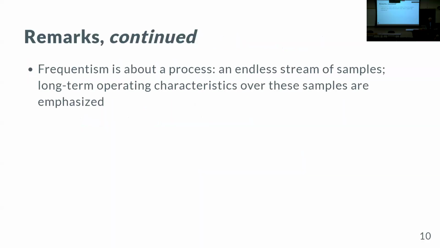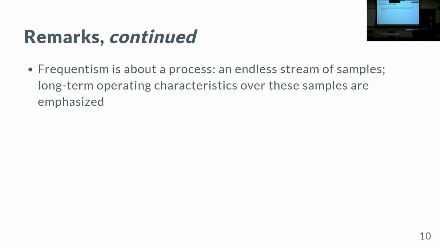So frequentism is about a process, an endless stream of samples. Long-term operating characteristics are emphasized. So the alpha value is a probability of ever asserting a positive effect over the course of your study if you're doing sequential testing. And that alpha is not a function of data. It's a pre-study concept. It's a pre-study long-term operating characteristic probability.